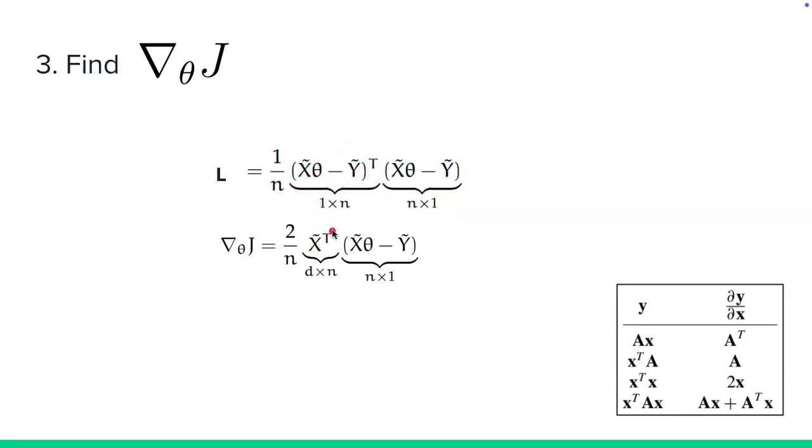Then because of the chain rule, we still have this X theta minus Y. And because this function is just like a squared function, there is a 2 that comes down, just like when you take the derivative of x squared and you get 2x. It's the same thing.